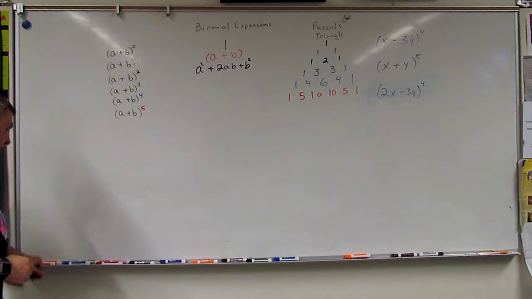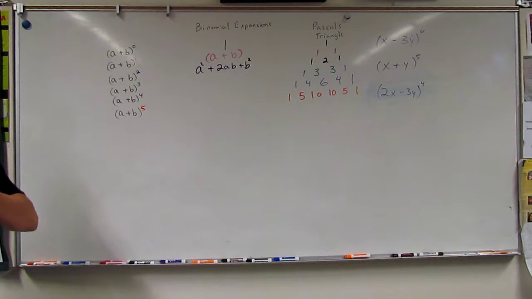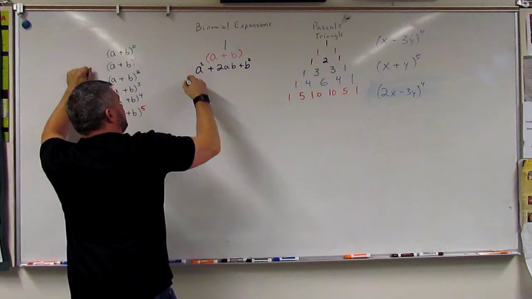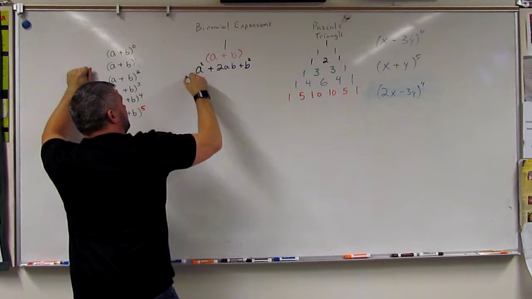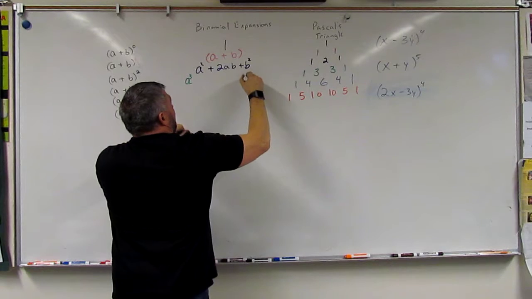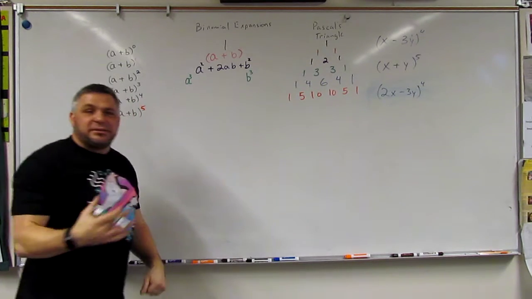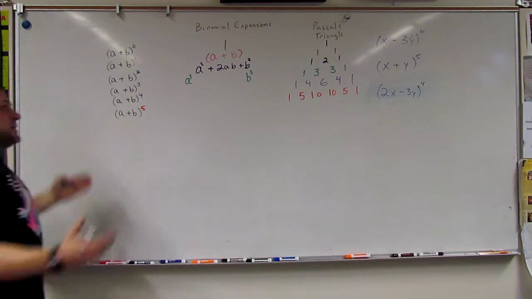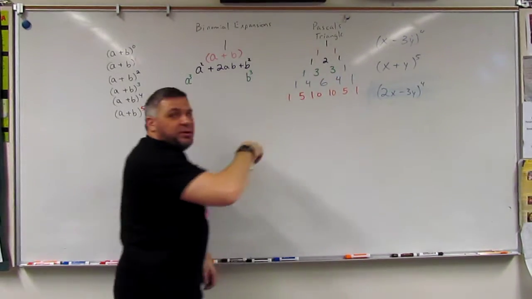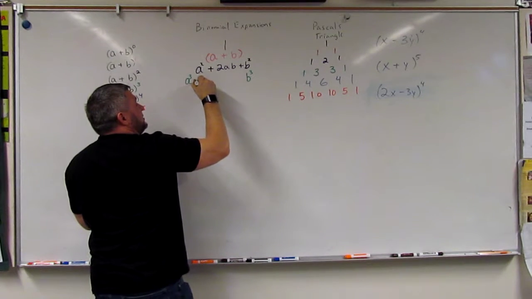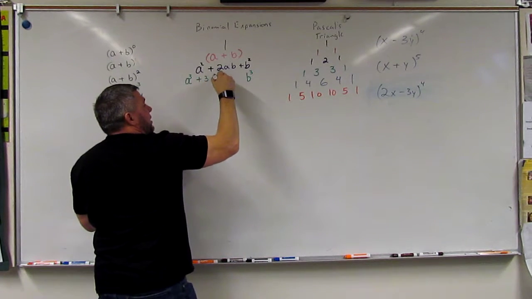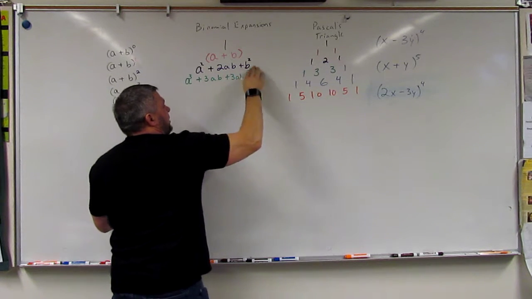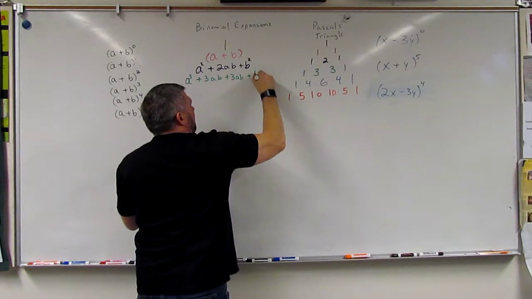Is the next one going to be 3? Yeah, it'll be a to the 3rd power. So this one's going to be, and we're going to step it out a little bit. So we're going to go a to the 3rd. We're going to go b to the 3rd, because it's a cubic. Then we're going to step it in, and there's going to be a 3 and a 3. So it's going to go plus 3ab, and then plus 3ab, and then obviously plus b cubed.